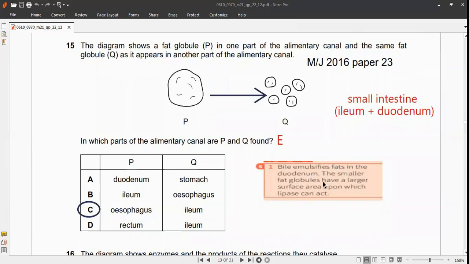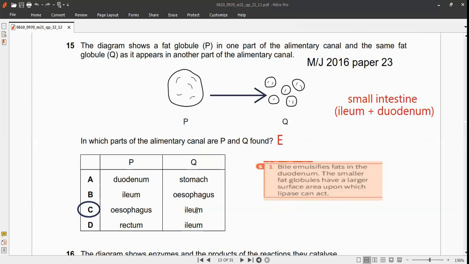The smaller fat globules have a larger surface area upon which lipase can act. So here Q in ileum and duodenum. So Q, ileum or duodenum. Okay. So the answer between C and D.